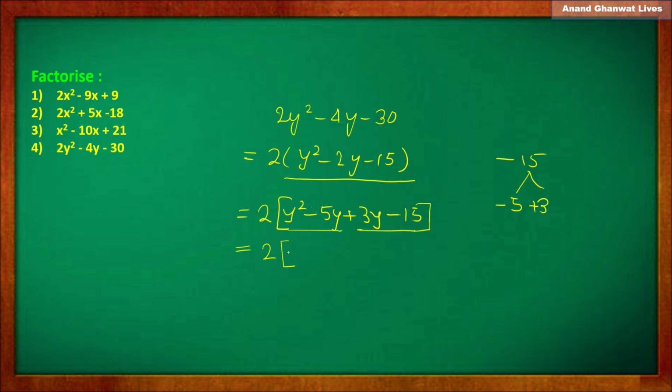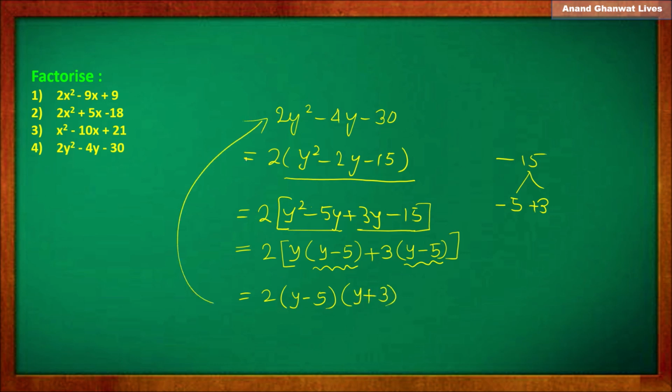So y is common from first and second, y into bracket y minus 5 and plus 3 is common from third and fourth term and in bracket y minus 5. Now this y minus 5 is common from both the terms. So 2 into y minus 5 and into bracket y plus 3. These are the factors of given quadratic trinomial 2y square minus 4y minus 30.